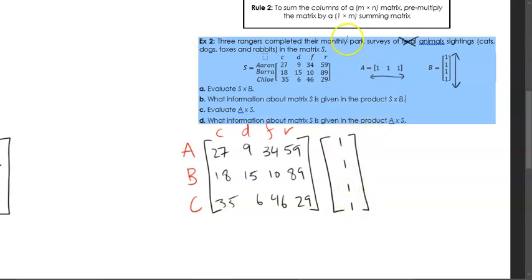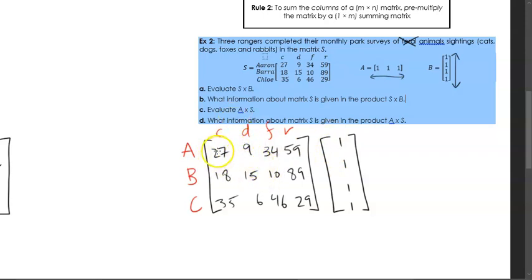What's going to happen is when we take this first row within the first matrix and multiply it by the first and only column within the second matrix, we're going to multiply each number by the associated number. So the first one with the first one, second one with the second one, and then add them all up. But when we're multiplying by 1, we just get the same answer as the initial number in the first place.